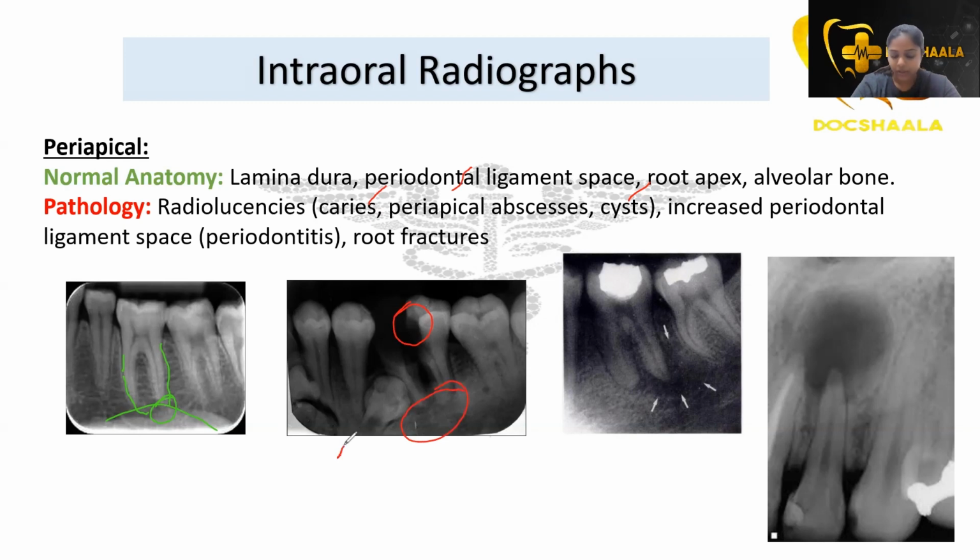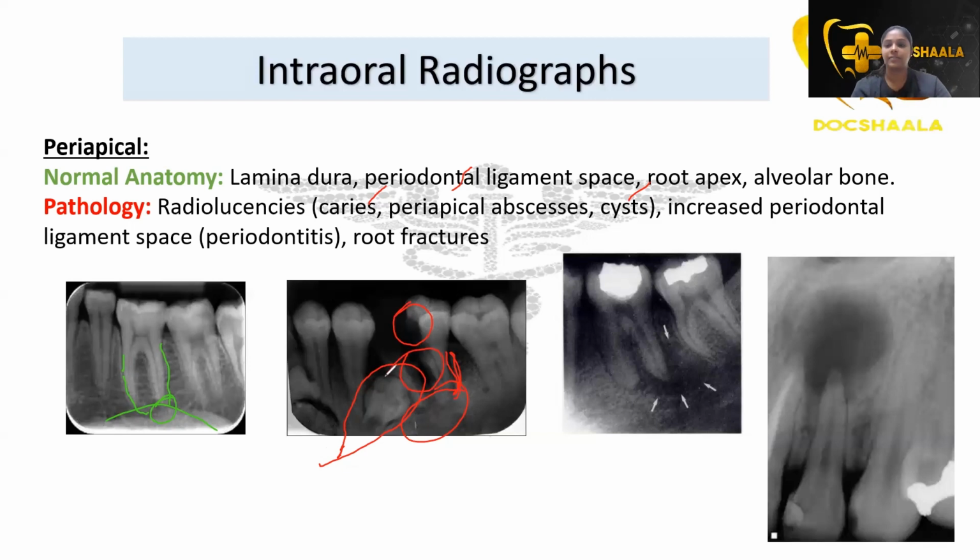There is a supernumerary tooth, and you can also appreciate cysts. When there is increased periodontal ligament space, as you can observe here, then it is known as periodontitis. You can also find root fractures, as we can see here.